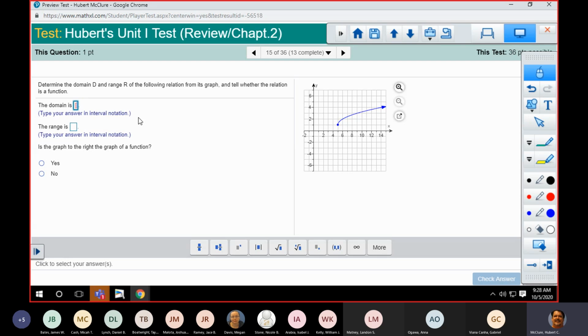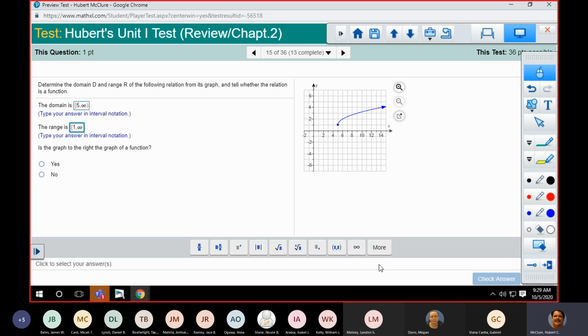Good job. 5, comma, infinity. And infinity always gets parentheses because you don't know what number that is. Range. I'm going to put a bracket because that's what goes on the closed circle. What's the range? 5 to infinity. No, remember, range is y. Sorry, 1 to infinity. Good job.